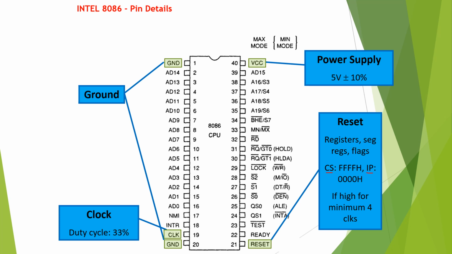The reset should remain high for a minimum of 4 clock cycles. This is one of the non-maskable inputs available in the 8086. Reset sets the values of the registers, segment registers and flags in the 8086.